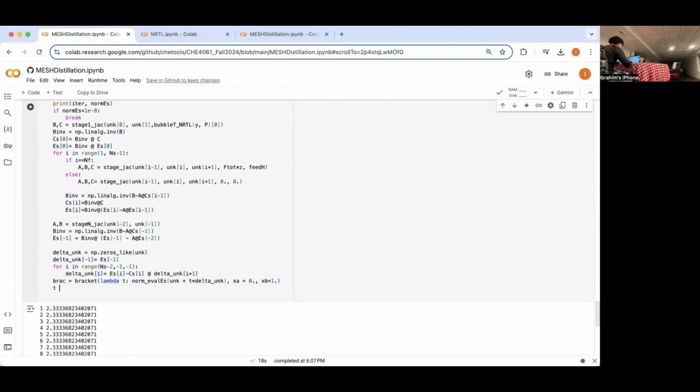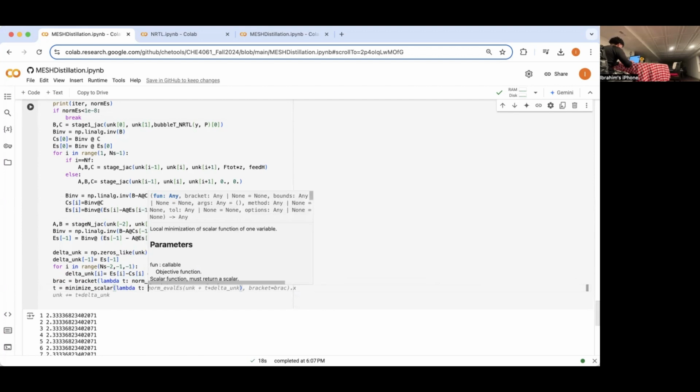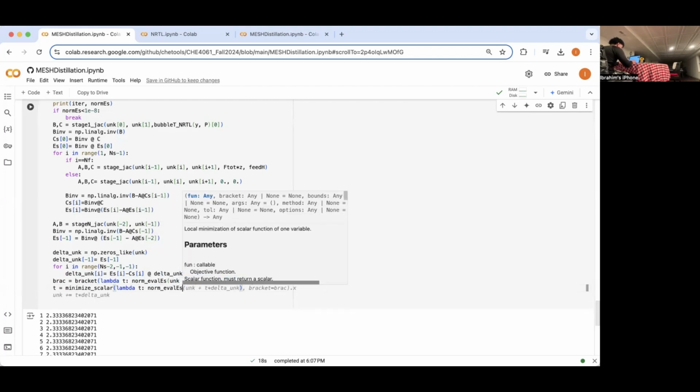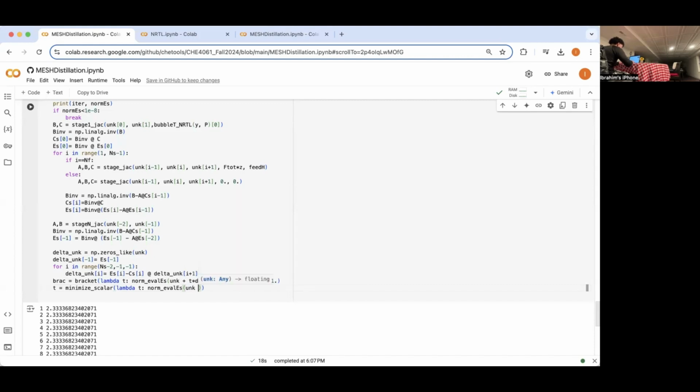Okay, go ahead and set up our t, which we're going to minimize scalar function. This is going to be for the t, normalizing our residuals again, and then our unc plus t times delta underscore unknown.